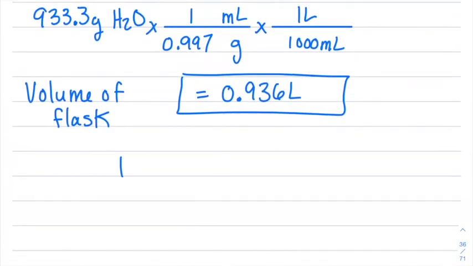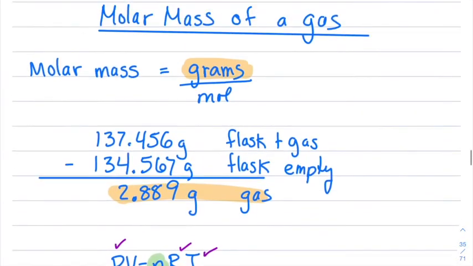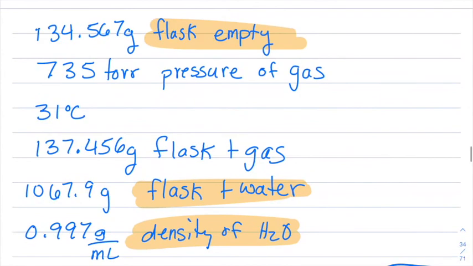So we're trying to solve PV equals nRT. And we're trying to solve it for the number of moles. So we've said the pressure way back here was 735 torr.